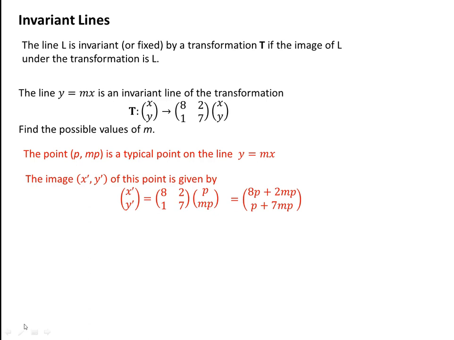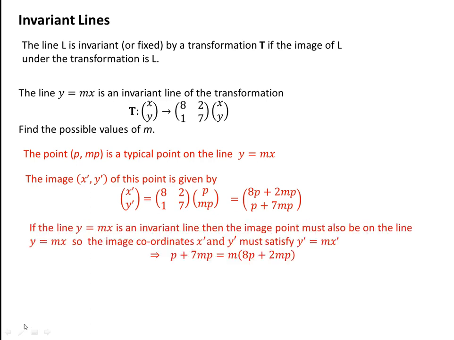Now we want the point x dash, y dash to also be on the line L. Because if the line y equals mx is an invariant line, then the image point must also be on the line y equals mx. So the image coordinates x dash and y dash must satisfy y dash equals m times x dash.